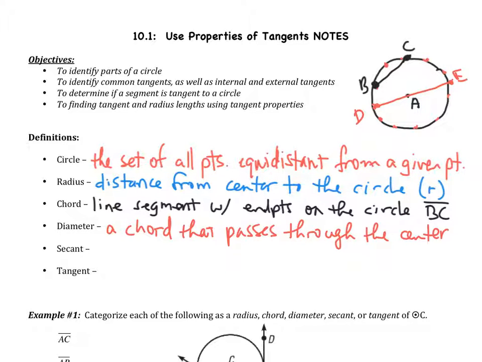All right, a secant. It's not going to be a segment. In fact, we're going to define it as a line that passes through a circle.